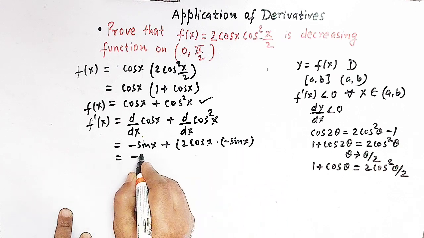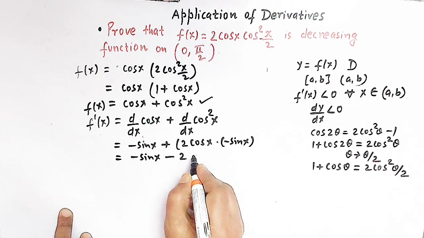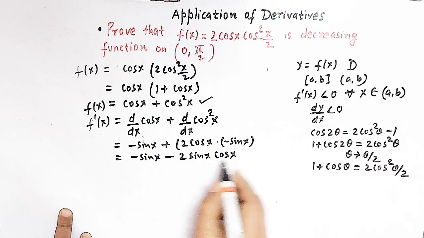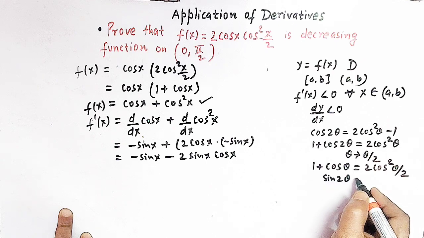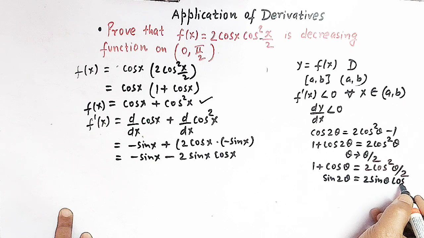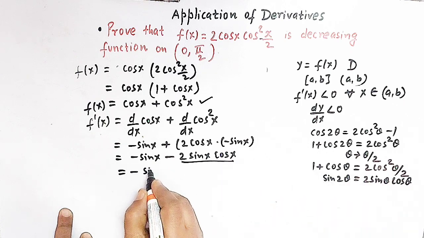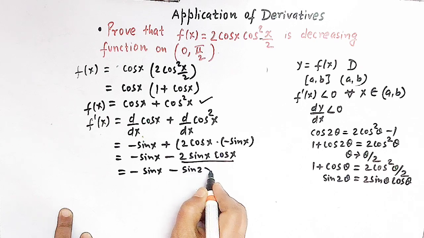So now we have minus sine x, and here we have minus 2 sine x cos x. So now let us use this identity, that is sine 2 theta is equal to 2 sine theta cos theta. So here we can now write minus sine x, and then we have minus sine 2x.